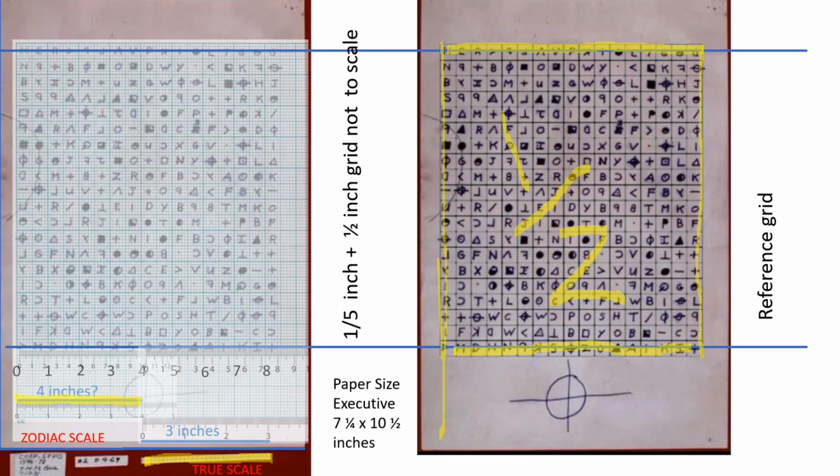My gut feeling is that, whichever graph paper or however he's gridded up the backing of this cipher, I think he's used a photocopier to reduce its scale so that it fits onto the page or the letter format that he's using, which I think is executive, because that's American 7 1/4 by 10 1/2 inches. So he might have done the original draft to scaled graph paper, but then I think he's photocopied it to be smaller and then gone over that smaller copy to do his final print or final draft in felt tip pen to send on.